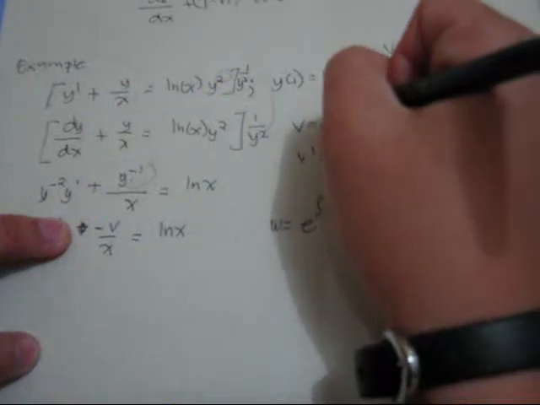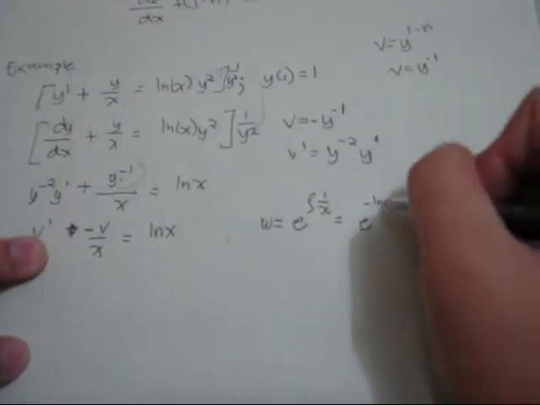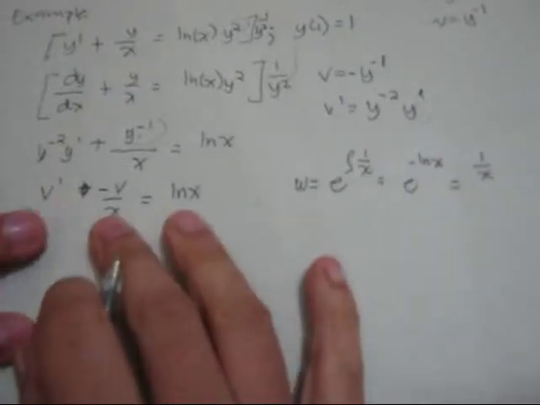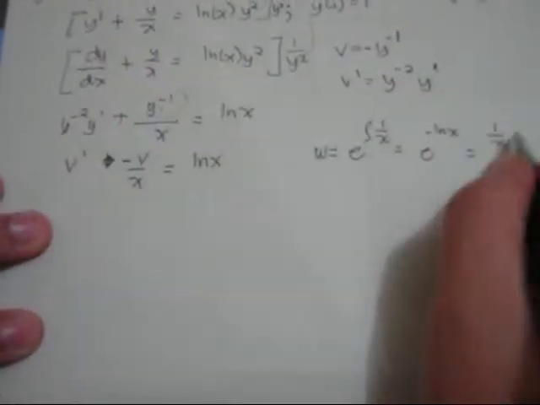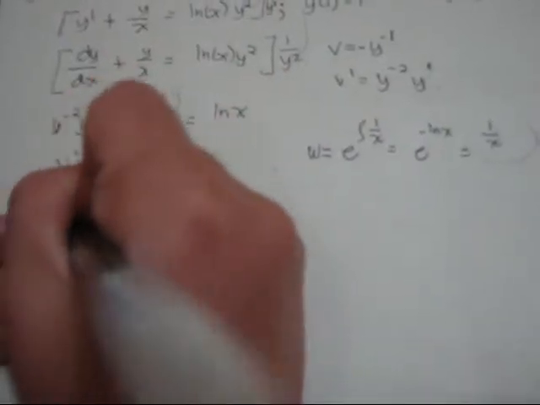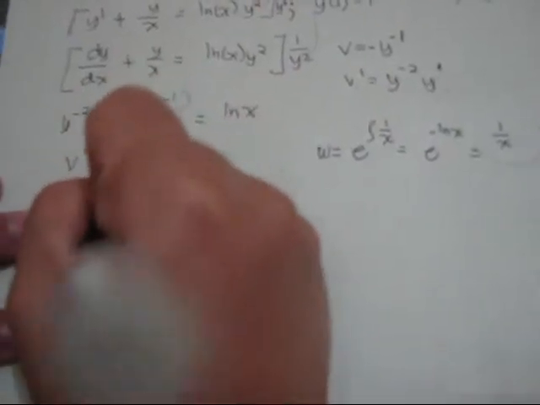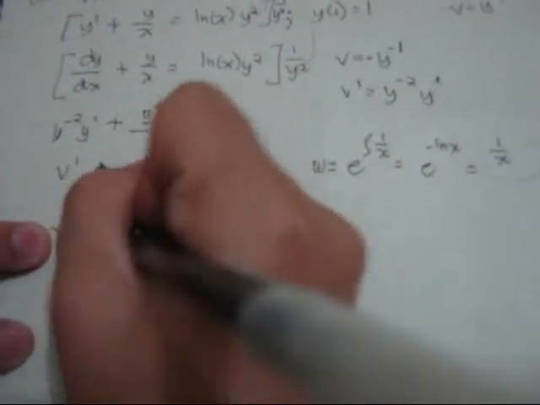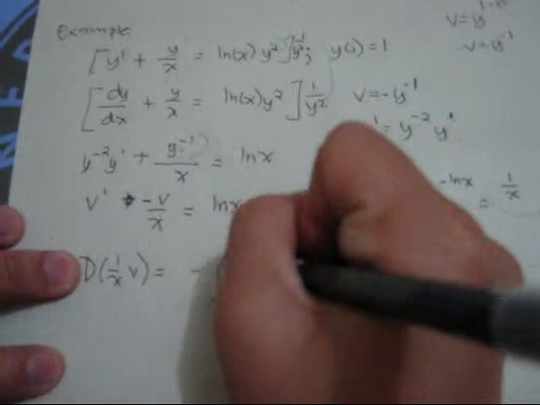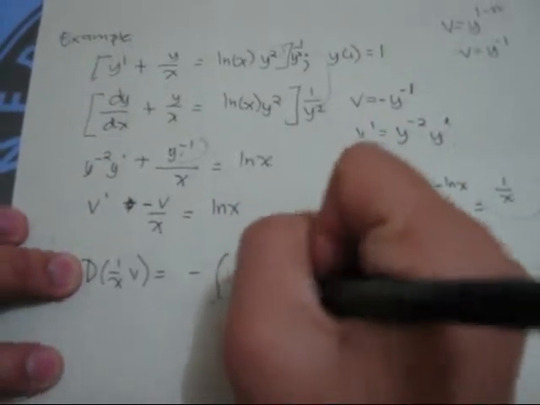Yes, negative. Negative ln of x is just equal to 1 over x. So multiplying this one, 1 over x times v equals negative ln x over x.